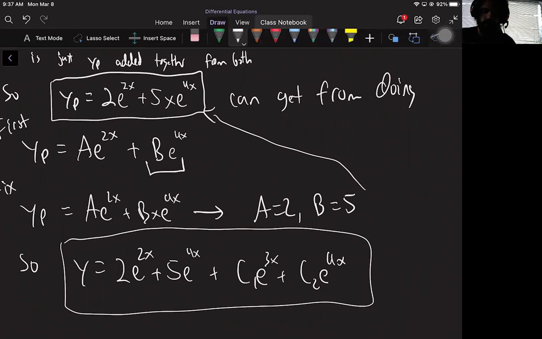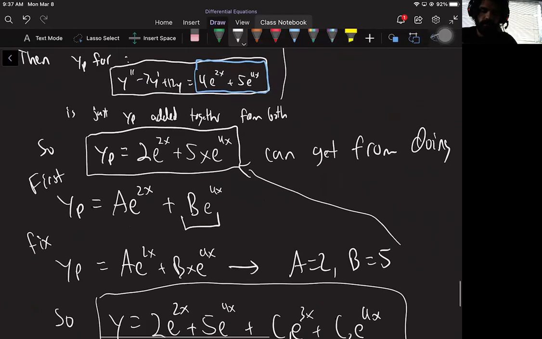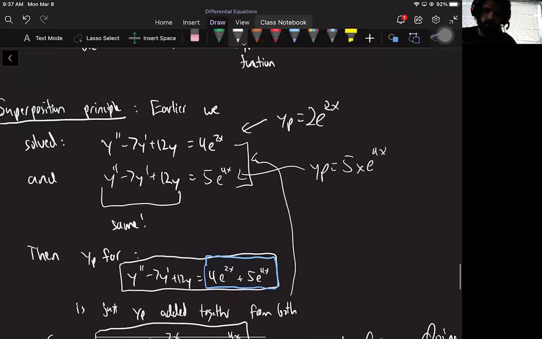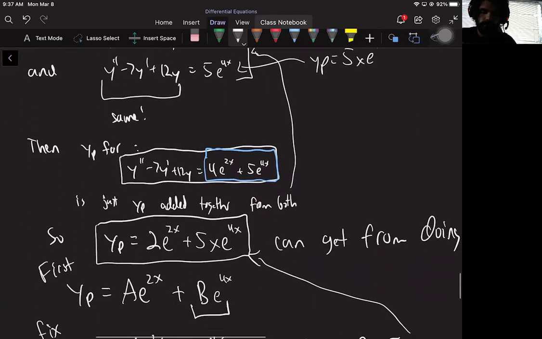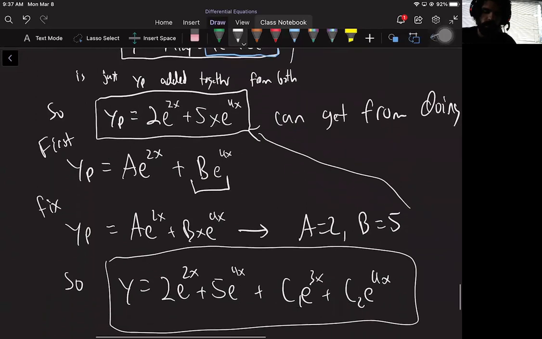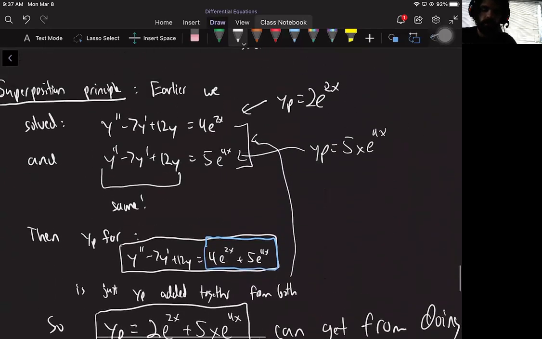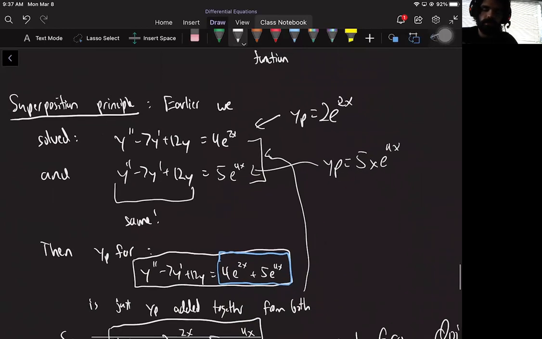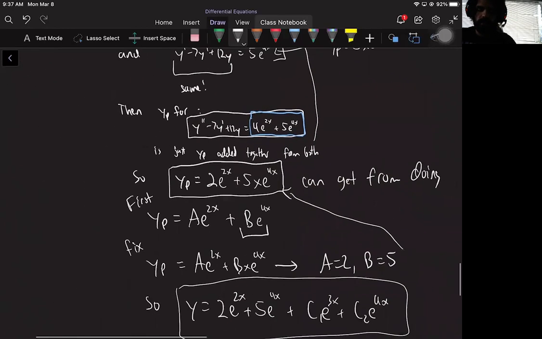But this is called the superposition principle. And the idea really comes from the fact that derivatives go through addition. That's really what makes this work. So you can think about it more if you like. You may use it a couple times, but not too often. But it's still interesting. Okay, so that's it for today.